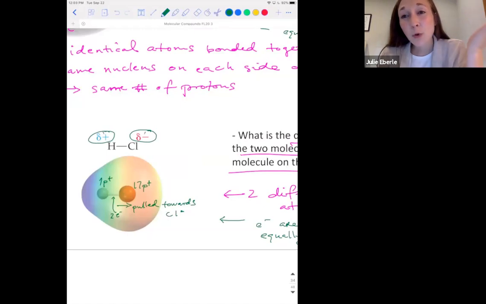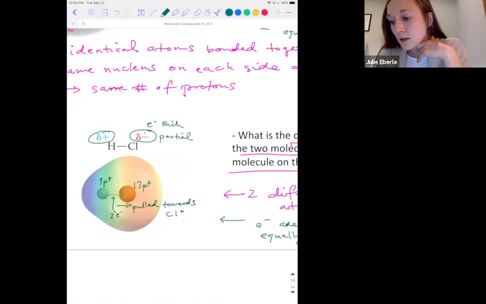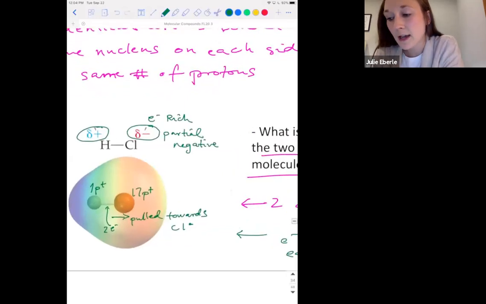The atom that is pulling the electrons with a stronger pull because they've got more protons in the nucleus, that is the atom that's going to be electron rich. Okay, so this is electron rich. We say it is partial negative. Why are we putting this? And that's what this little delta with a minus sign, okay?